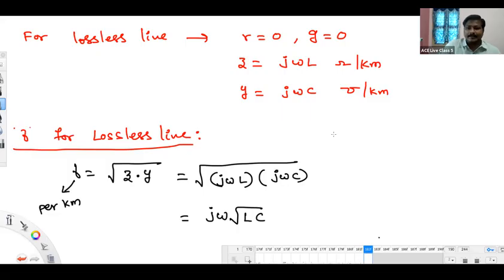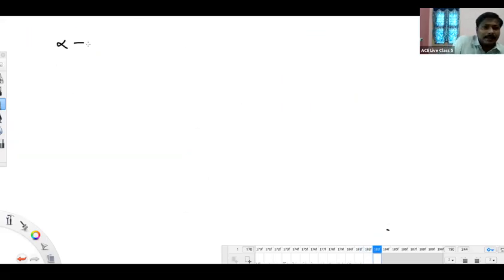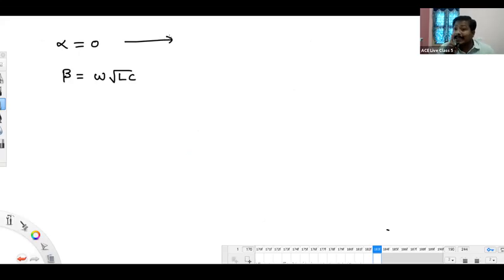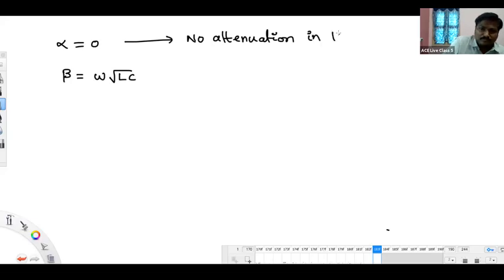Alpha equal to 0 means there is no attenuation in the forward moving wave on the transmission line, wave in the sense of sinusoidal wave.